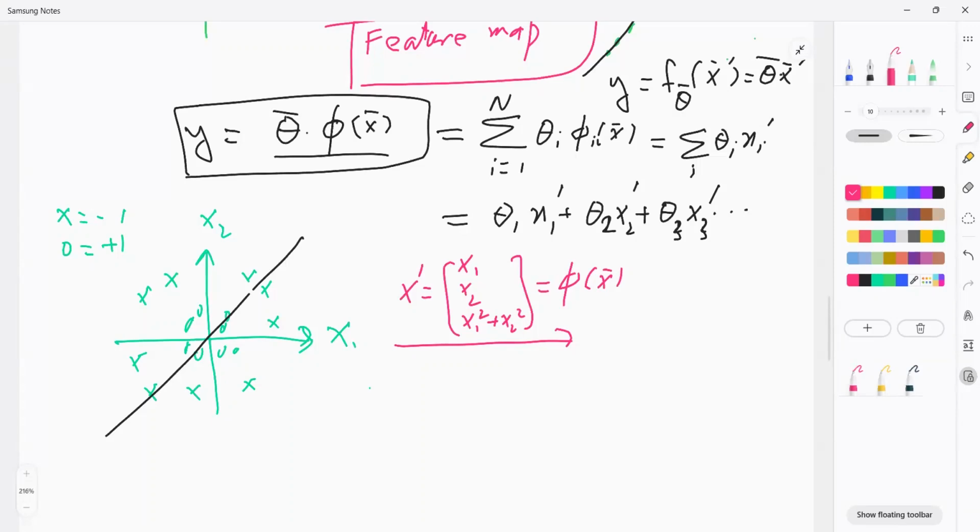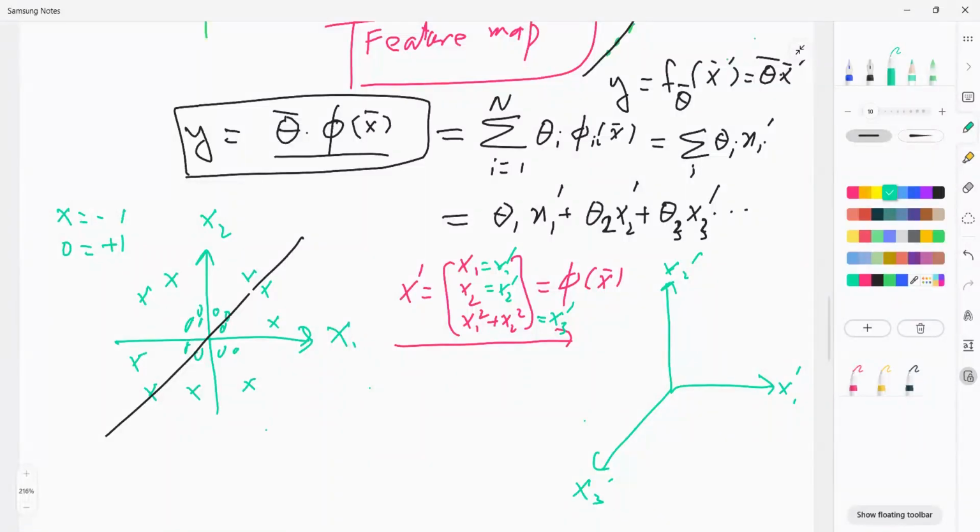And I go to a new feature space with x1 prime, x2 prime, and x3 prime, where x1 prime is just x1, x2 prime is just x2, and x3 prime is x1 square plus x2 square.